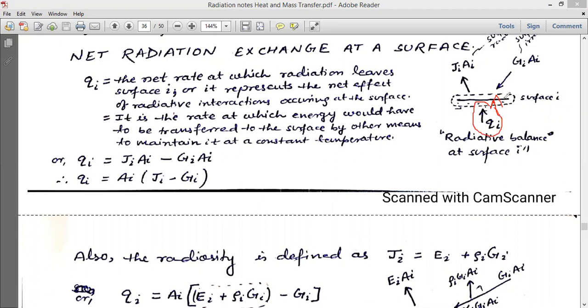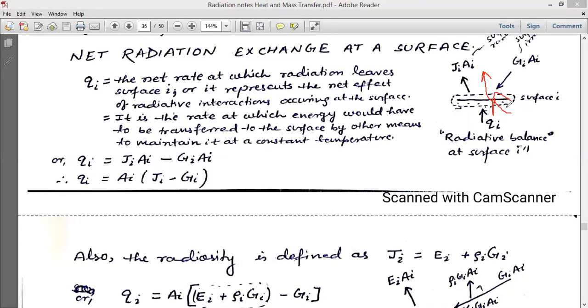अगर इस surface i में से कुछ energy छोड़ के बाहर जा रही है, तो इस सरफेस का टेम्परेचर चेंज हो जाएगा. अब अगर इस सरफेस i का टेम्परेचर कांस्टेंट रखना है, तो जितनी एनर्जी surface को leave कर रही है, उतनी ही इसमें enter करनी चाहिए.